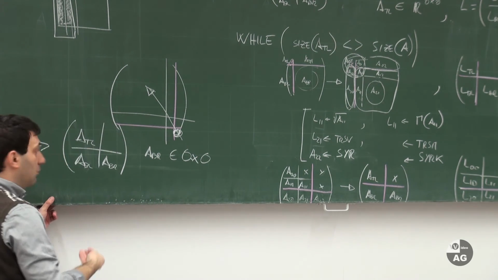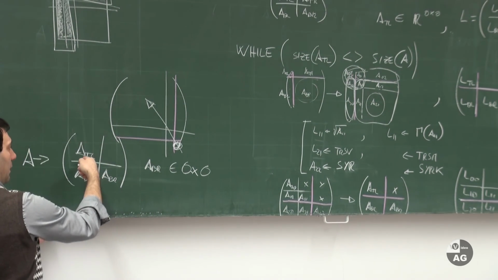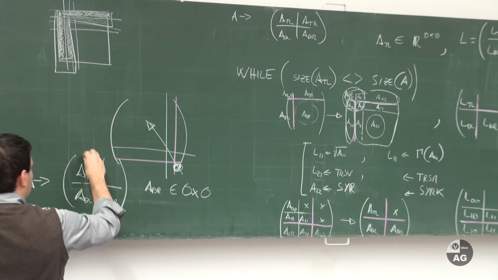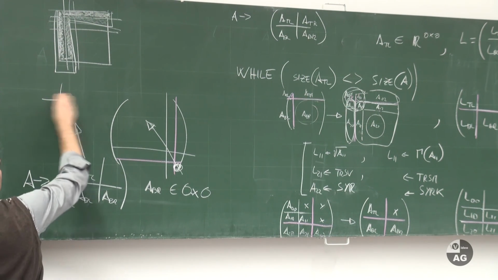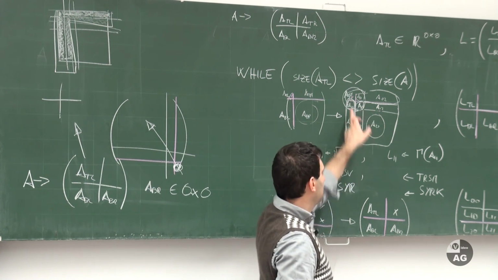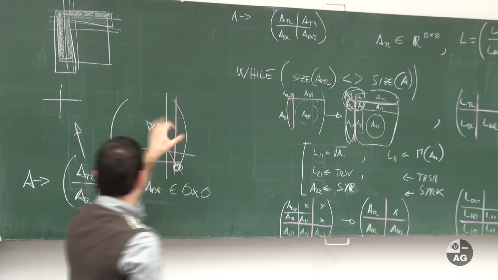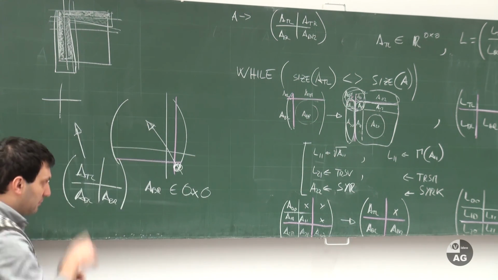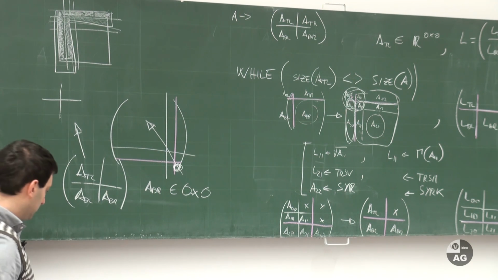But then when you partition, now A top left will be partitioned into 4, and before, A bottom right was partitioned into 4. Now you partition this side, which is A top left. So yes, these things are switched.